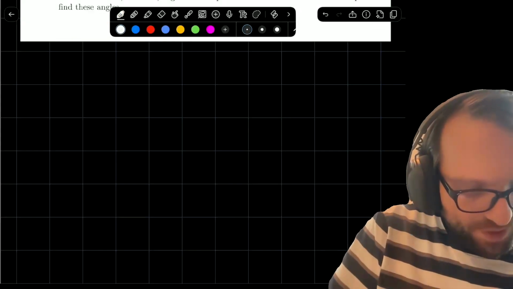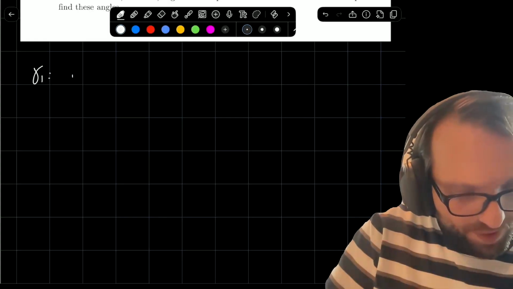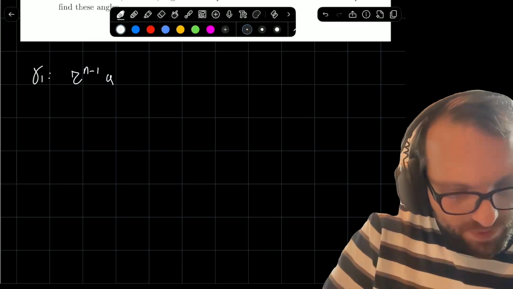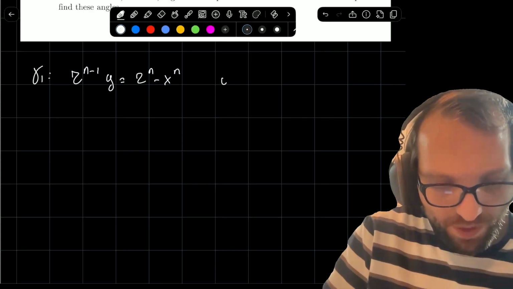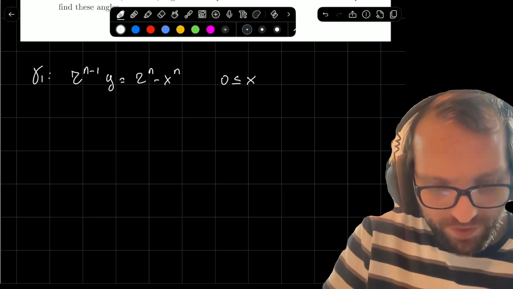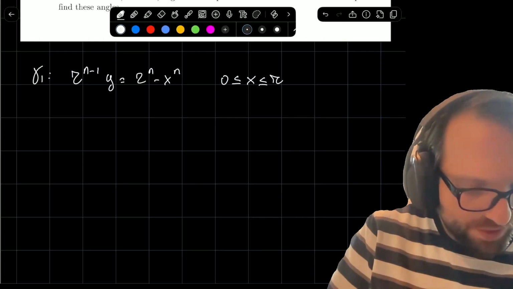We have a curve that we'll call gamma 1 of this form, with x between 0 and r.